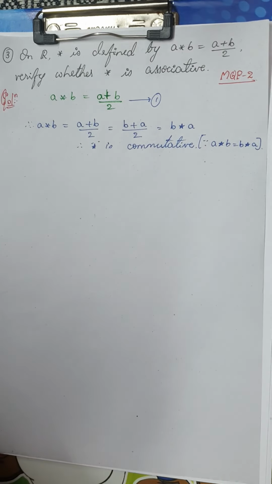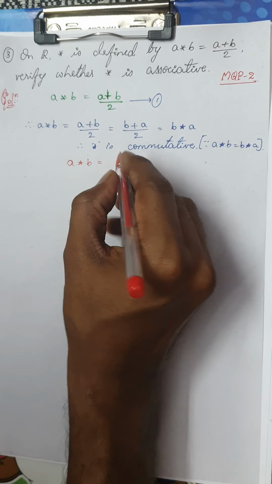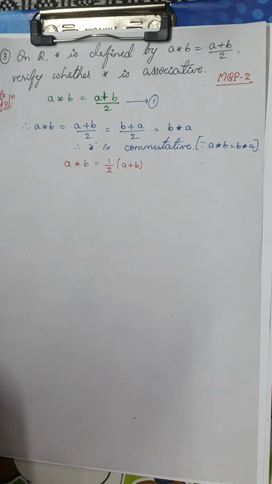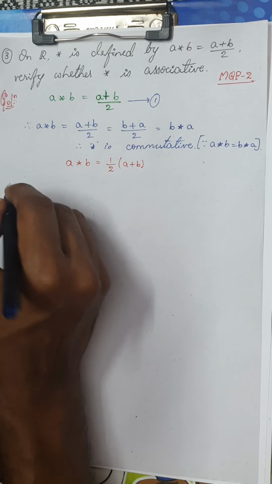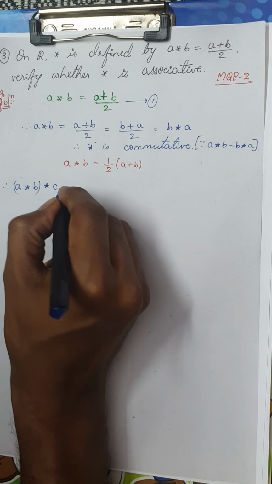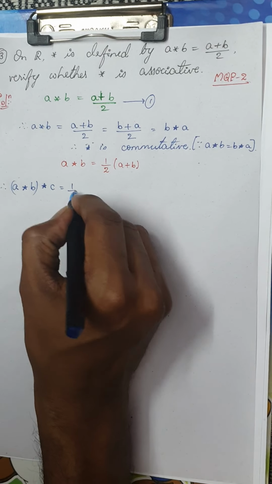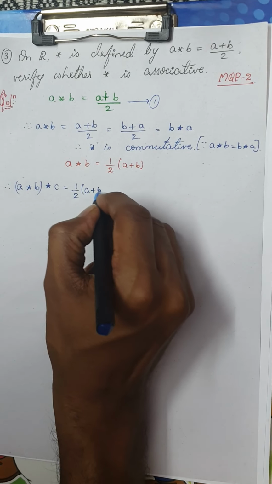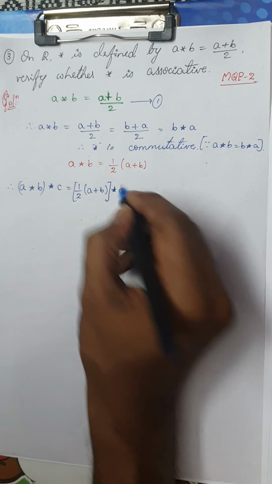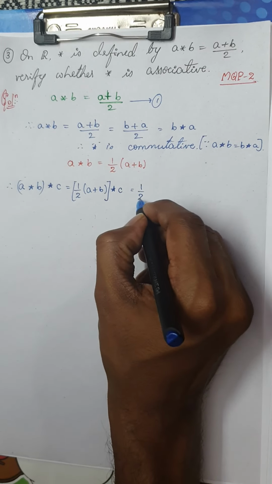Okay, now coming on to the associative part. Please be very careful. As I told you, I will write A star B as half of A plus B. Therefore, A star B star C is nothing but, let me first solve the inside one. A star B is nothing but half of A plus B. So this element, I will write it star C. The product star between two elements is nothing but half into first element plus second element.